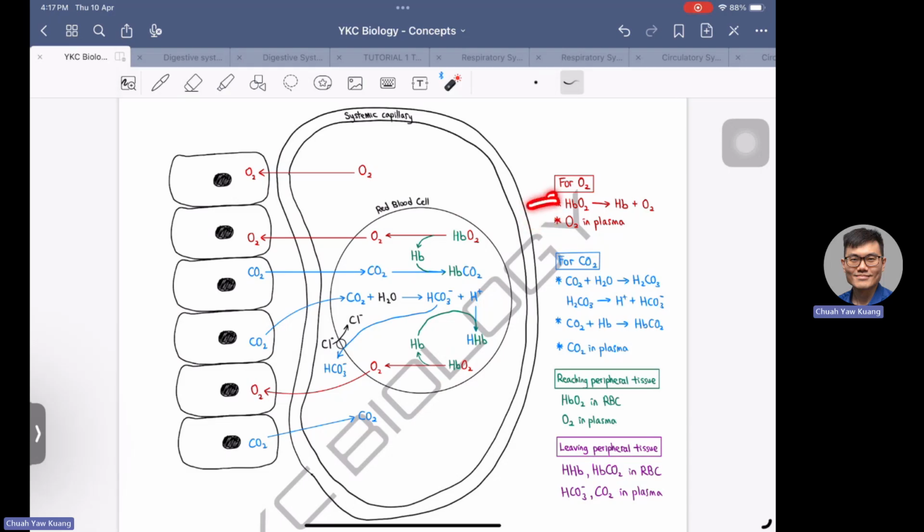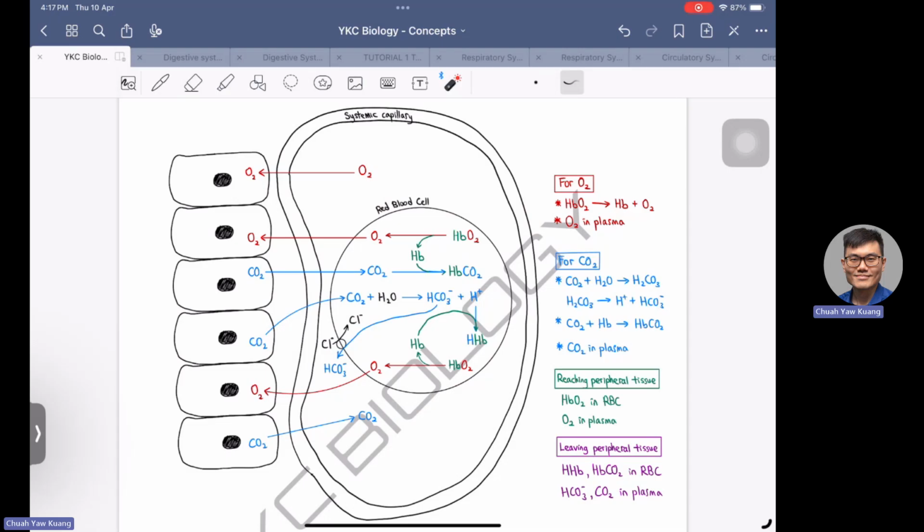The first pathway, which is also the major and most important pathway, would be unloading of the oxygen by the oxyhemoglobin. So in this first pathway, the oxyhemoglobin will dissociate to release the oxygen gas and also the hemoglobin.